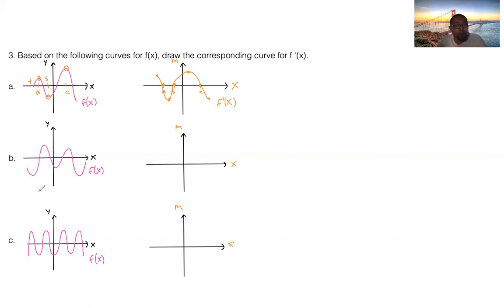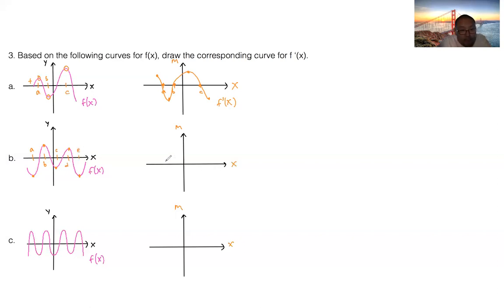Okay. Part B, same thing. Let's pick the points first where the slope of the tangent line is going to be 0 because there's 0 rise, right? And so again, let's keep this basic and call these x coordinates, or x points, A, B, C. Let's call this one D, and let's call this one E, okay?